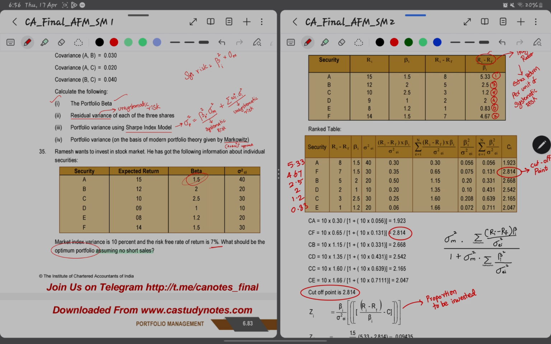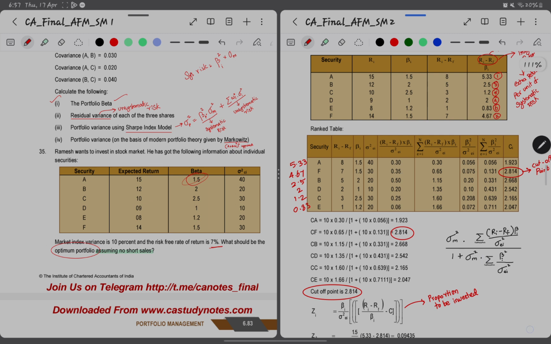So we'll split it into different tables for easy understanding. First is the expected return minus risk-free return, the risk premium we are calculating here: 15 minus the risk-free return 7. So risk premium in all the cases is 8, 7, 5, 2, 3, 1, and then multiplying it by the beta and dividing it by the unsystematic risk.